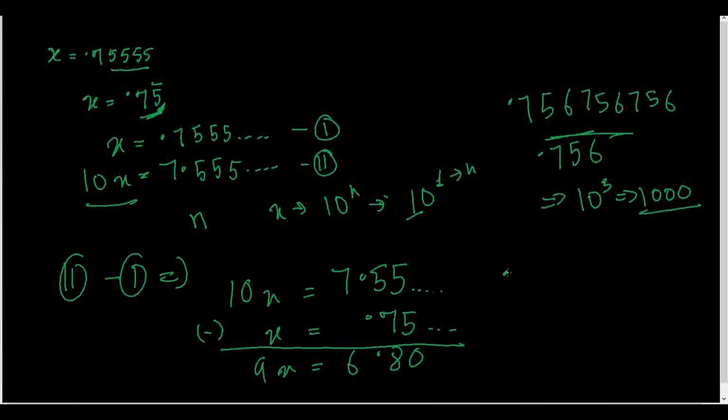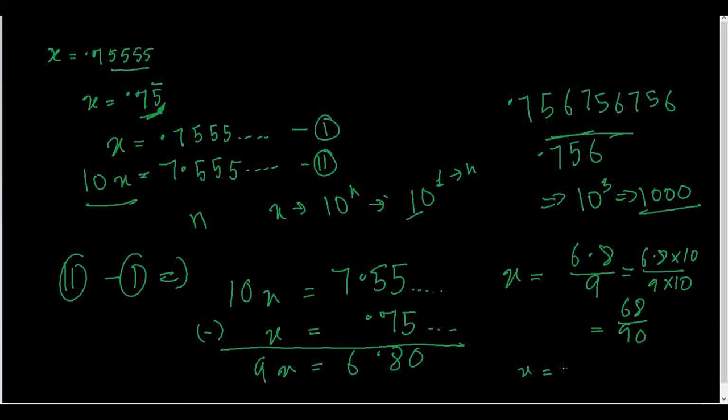So now we can find x equals 6.8 divided by 9. To cancel out the decimal point, we multiply both the numerator and denominator by 10. So we get 68 divided by 90.